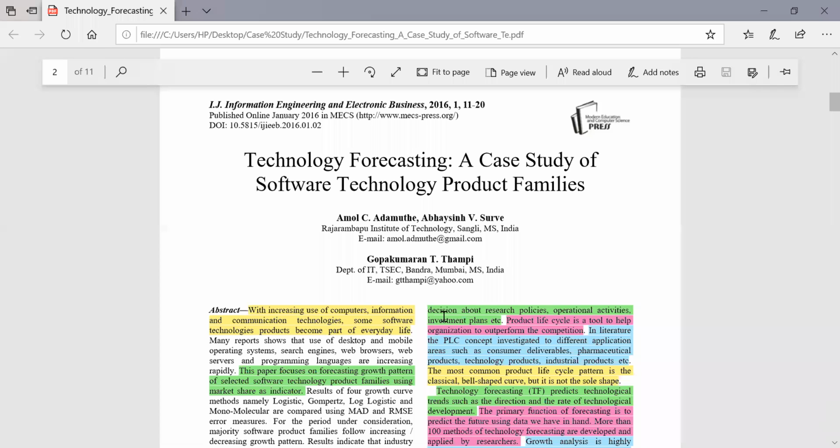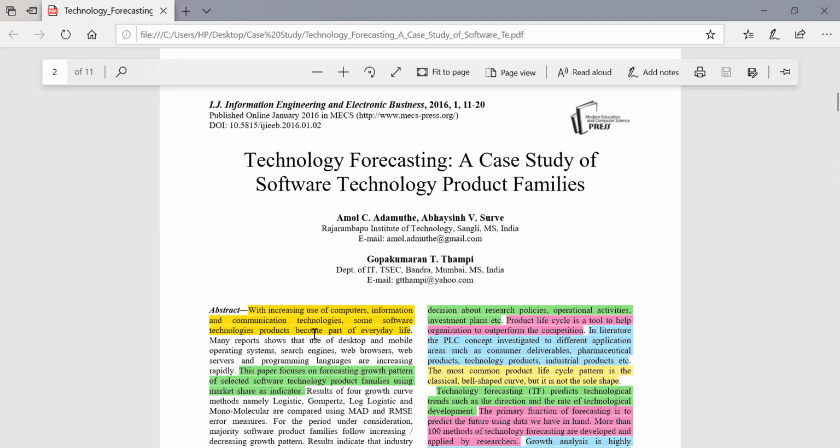Here we know that everyone is using computers, many types of software, and some are interested in hardware tools related to virtual manufacturing and other techniques. Due to this increased use of computers, information and communication technologies, some software technology products have become part and parcel of our day-to-day activity. We cannot stay without using software, without using computers.